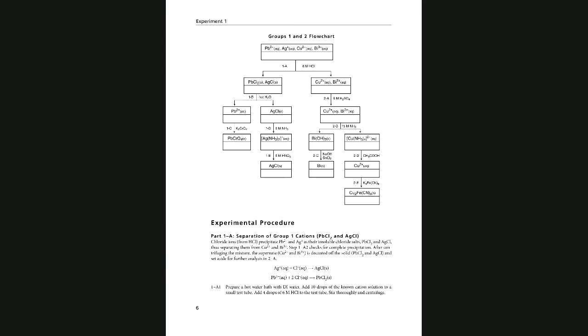If you don't have any precipitate, do you have silver or lead? Probably not. But if you do have precipitate, you have at least one of them, or maybe both of them, and then you are going to continue the procedure.